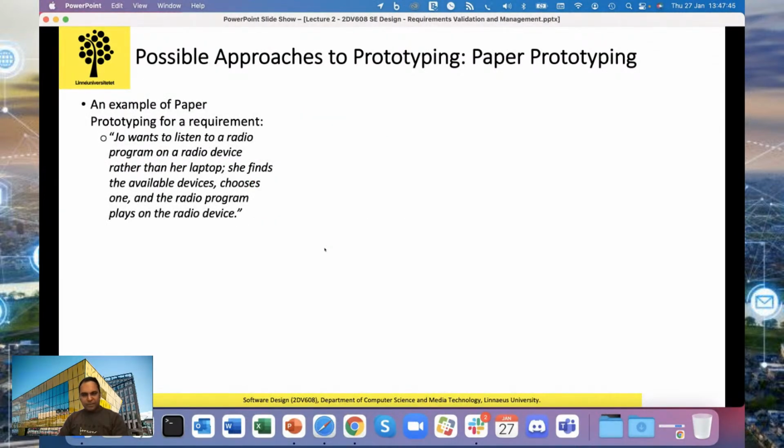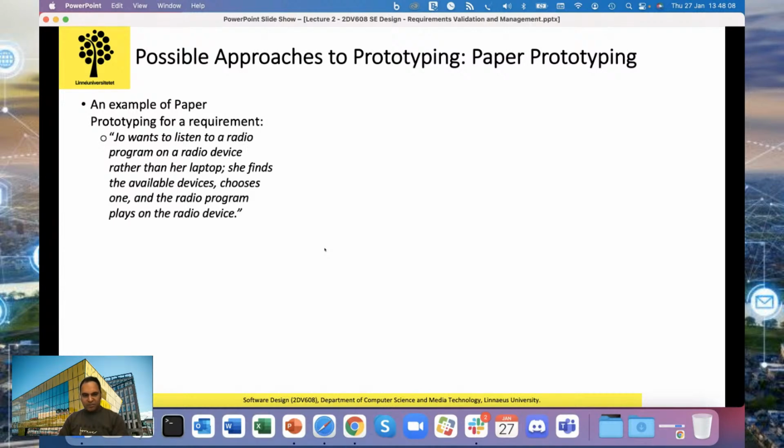So here is an example. This is also a famous example from BBC. So the exemplar problem is that Joe wants to listen to a radio program on a radio device rather than on her laptop. She wants to find available devices around her.